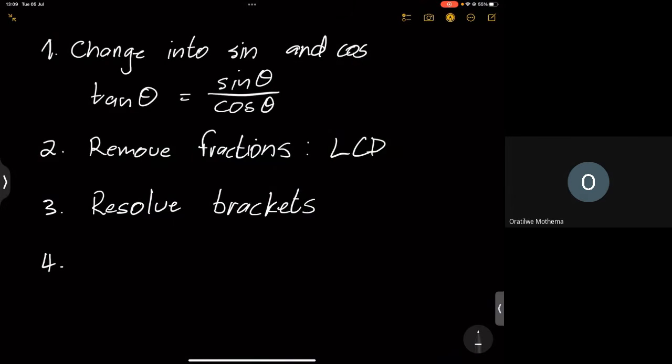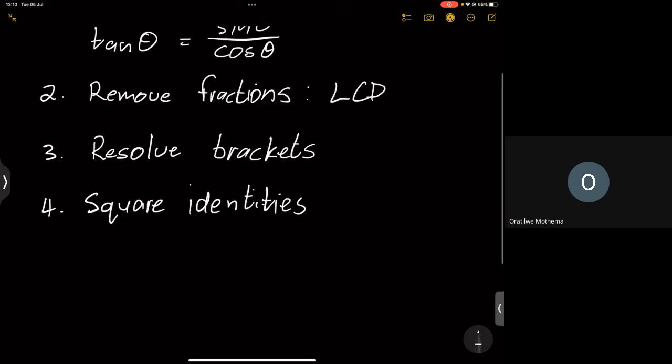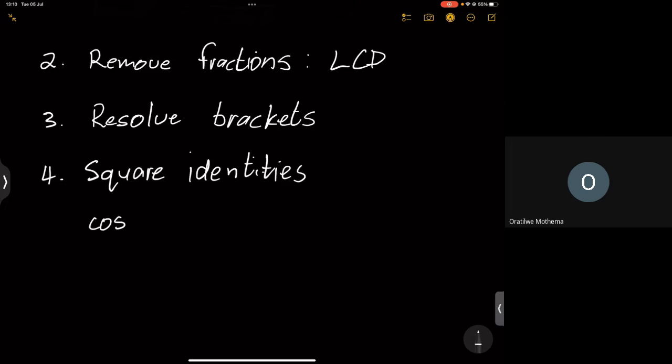Anyway, in this case, what we're simply saying is we resolve brackets, and then what we will always try to do is work with square identities, which I'm going to mention right now. So square identities: we know that cos squared of theta plus sine squared of theta is equal to 1. Please be very careful. Cos squared of theta plus sine squared of theta is equal to 1.